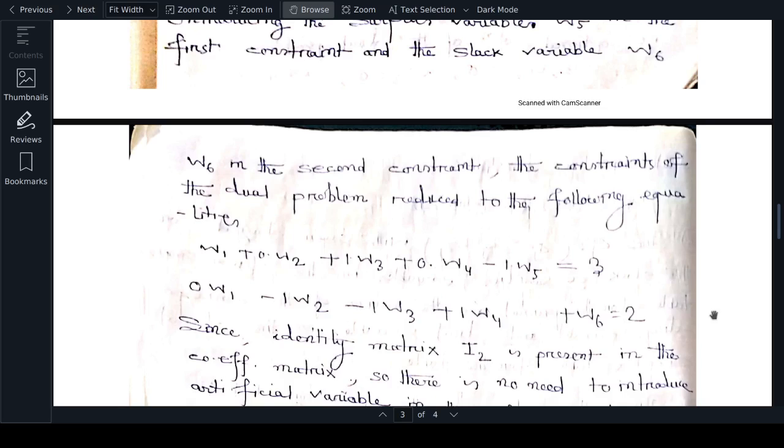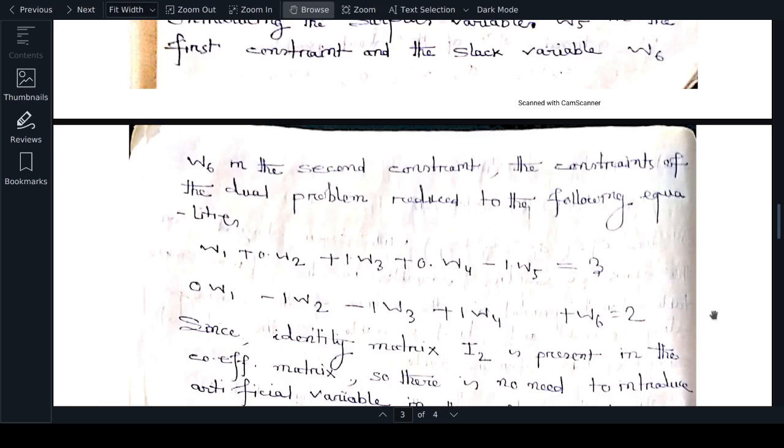So here we will not use the artificial variable. Why? Because without using an artificial variable in the first constraint, we already got the identity matrix. You see, in the first equation the coefficient of W1 is 1, and in the second equation 0 into W1. So 1, 0 we already got.